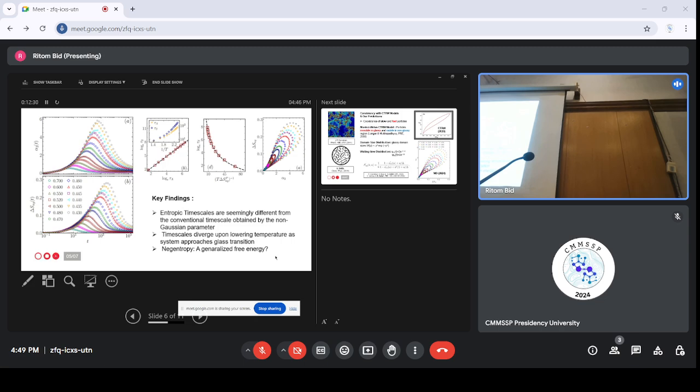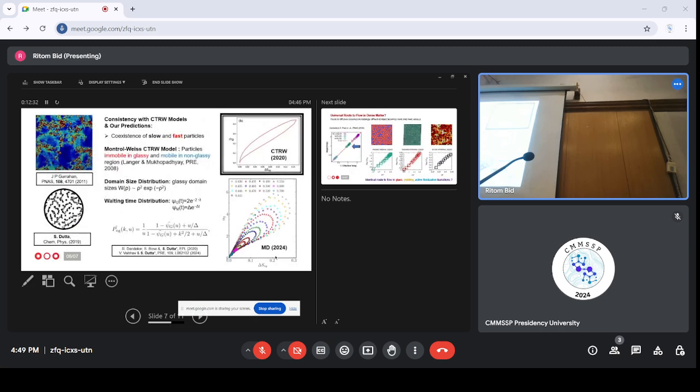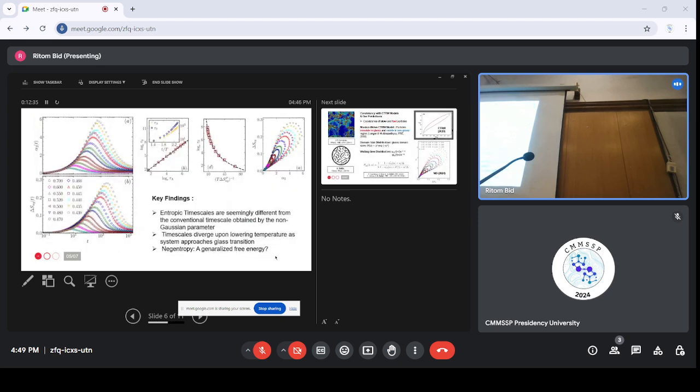Do we understand this from some theory as well? For this alpha 2, people have already tried. It cannot be collapsed, because there are some indications. I'll tell you.